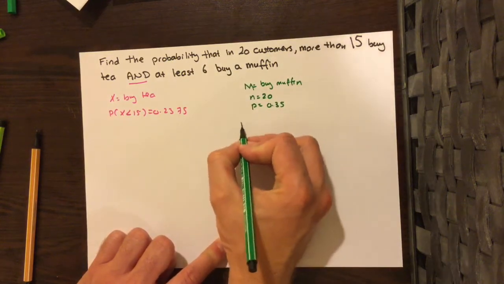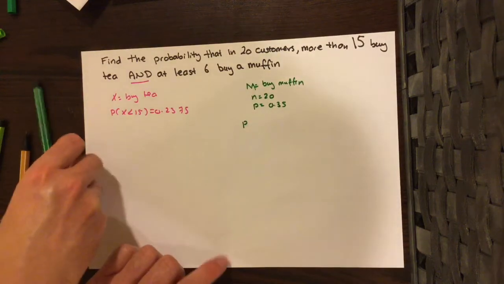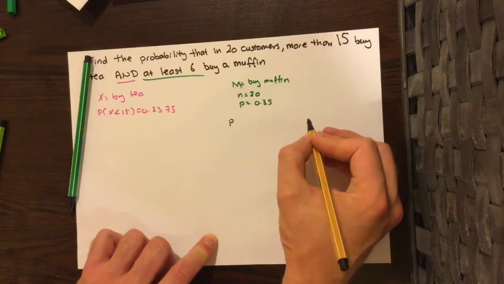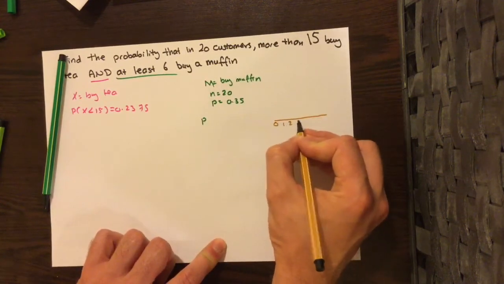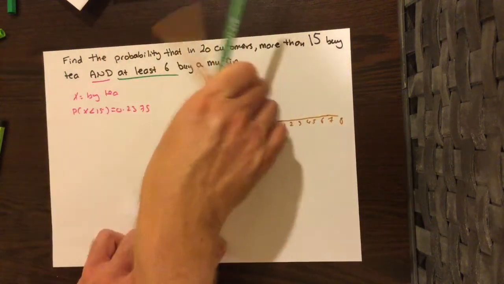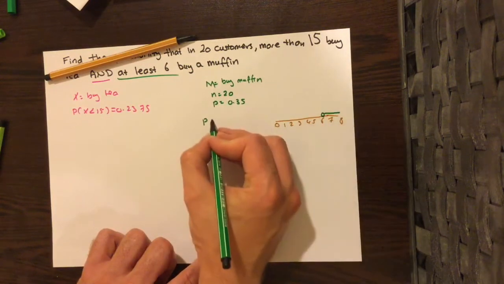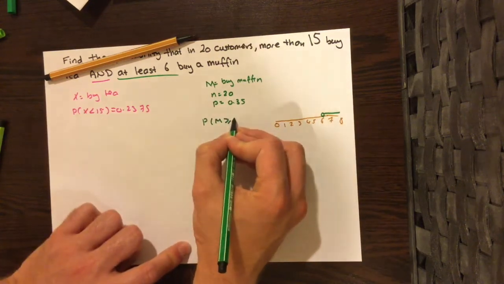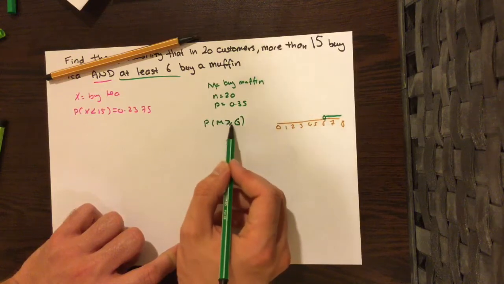We want to find out the chance that at least 6, hang on, at least 6, let me just double check with a number line. 0. Oh, hang on, here we go. 1, 2, 3, 4, 5, 6, 7, 8. Well, at least 6. So at least must include 6, so 6 or more. So the probability that M is greater than or equal to 6. Now, as you remember, we don't like this greater than or equal to sign.